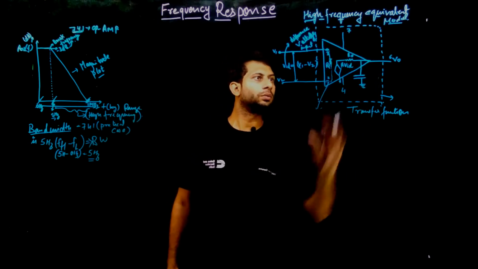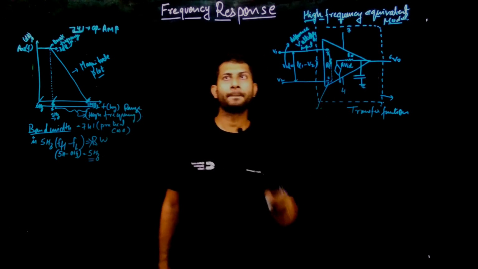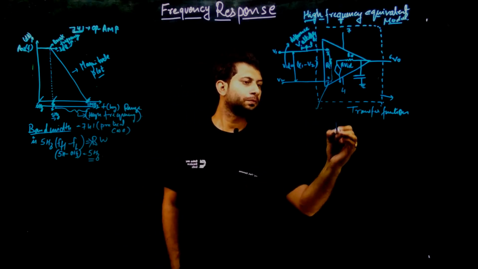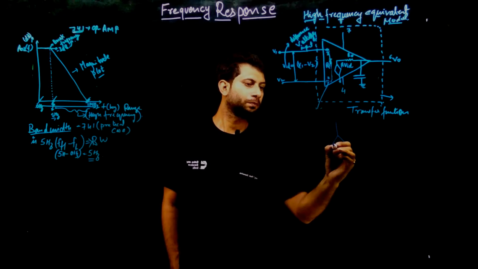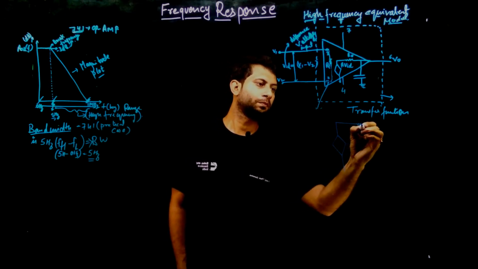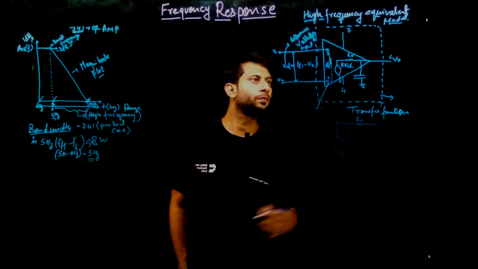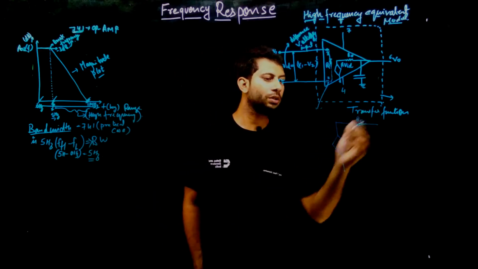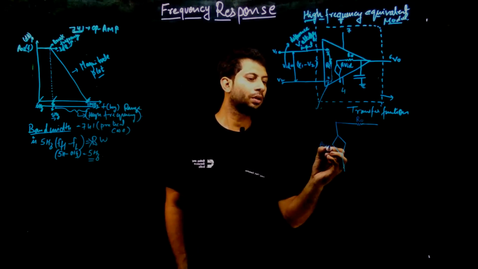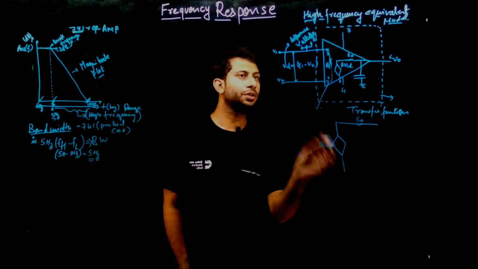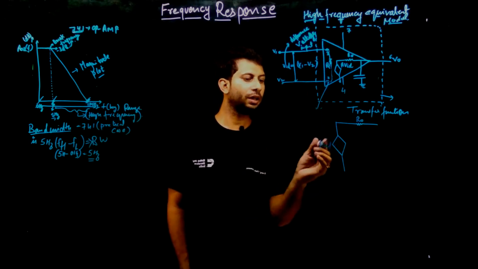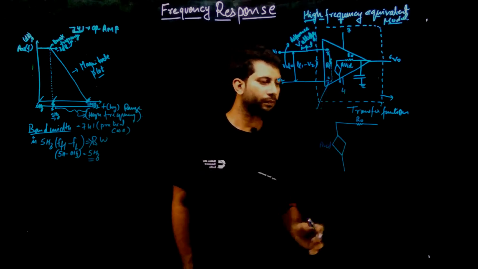If we take this out from this picture, this R out is the output resistance of this system, and this is the differential voltage provided from these two input terminals, and A is the gain of the system.